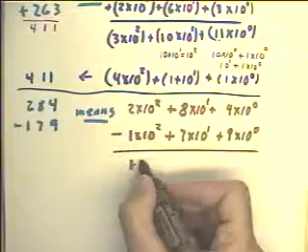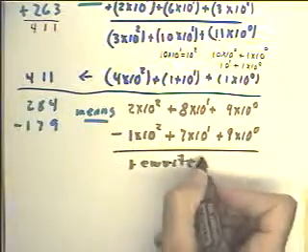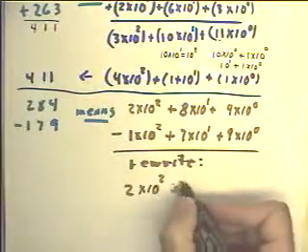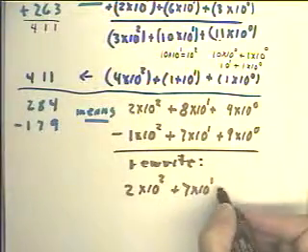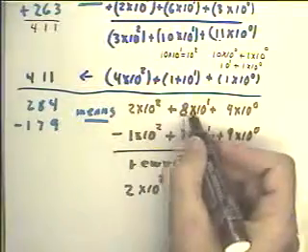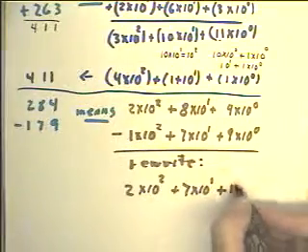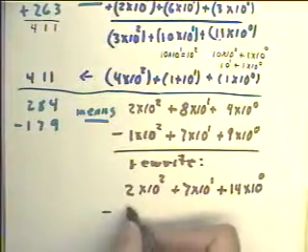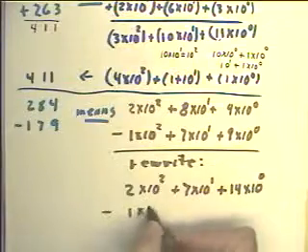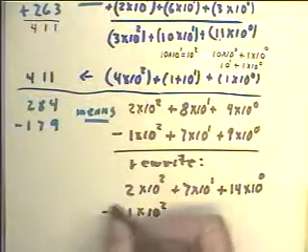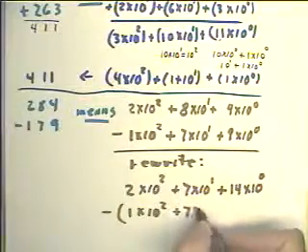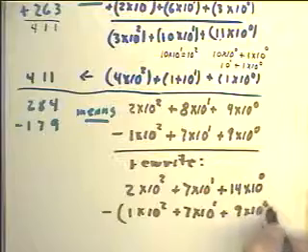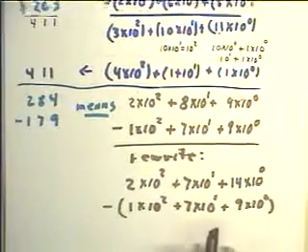So we rewrite this as 2 times 10 to the second plus only 7 times 10 to the first, and then that's going to give us 10 10 to the 0's to add to the 4 that we have, and we're going to have 14 10 to the 0's, from which we'll subtract a 10 to the second and a 7 times 10 to the first and a 9 times 10 to the 0.